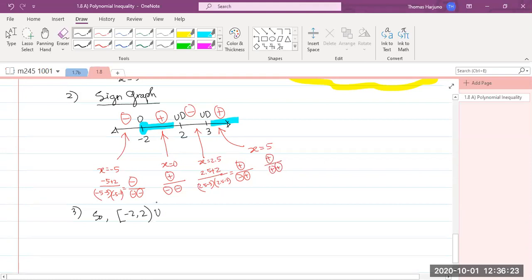Can you help? Union parentheses 3 to infinity.